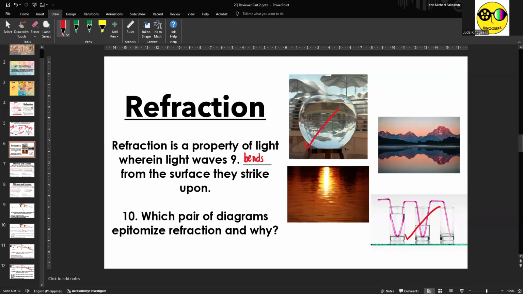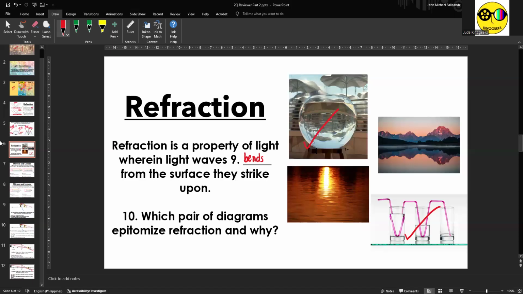And on the second picture, which is three glasses of water with a long bent straw, you can see that the portion of the straw that was submerged in water was magnified compared to the portion of the straw that was not submerged in water, suggesting light waves bent. Okay, so that's the difference between refraction and reflection.